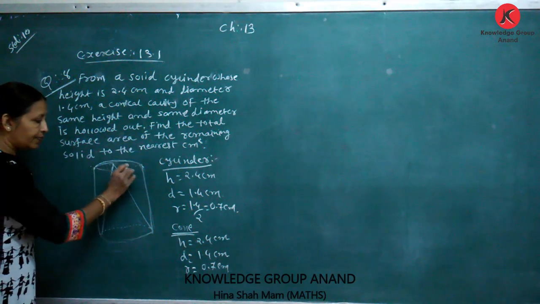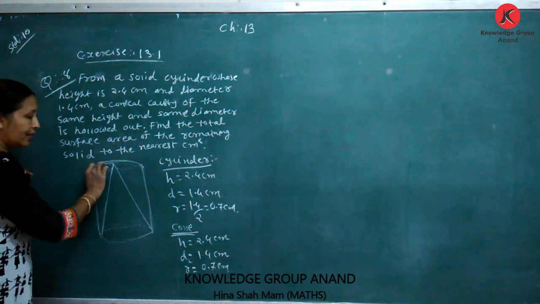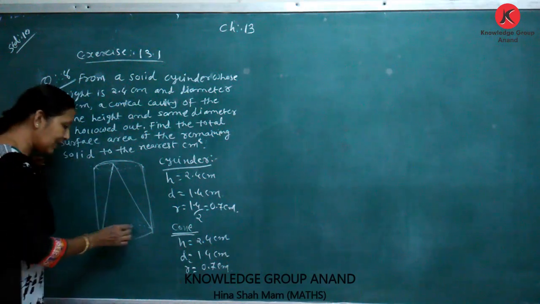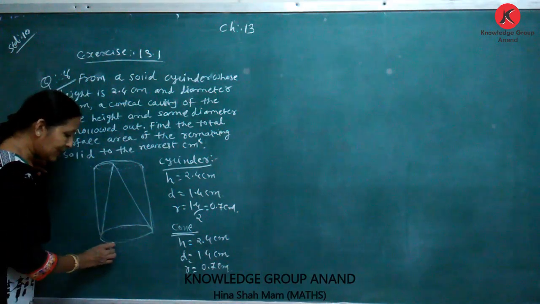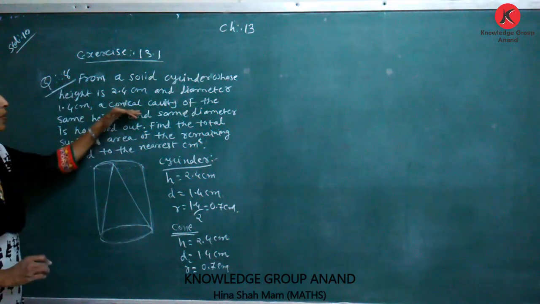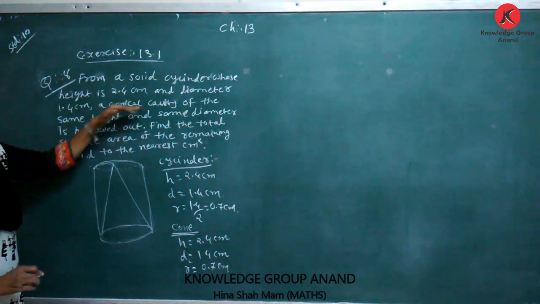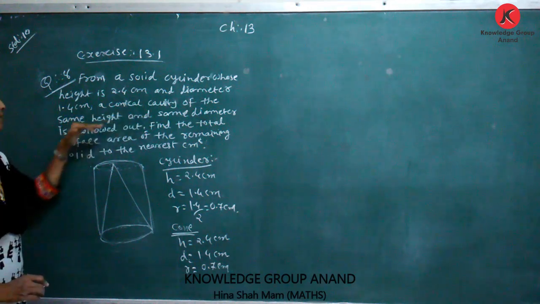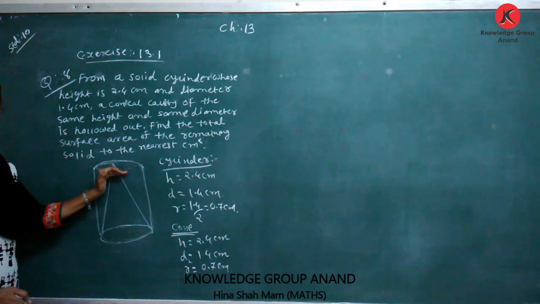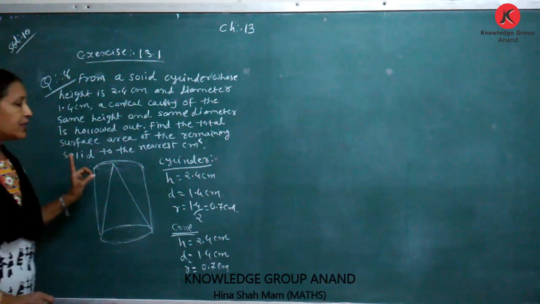It is a circle because it is a solid part. Otherwise, here is the surface area of the circle. The hollow conical cavity of the same height and same diameter is hollow, not this part.